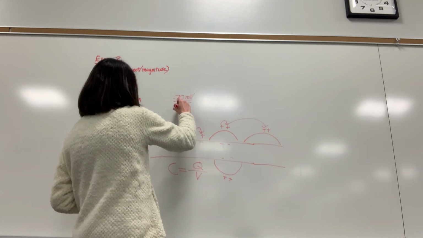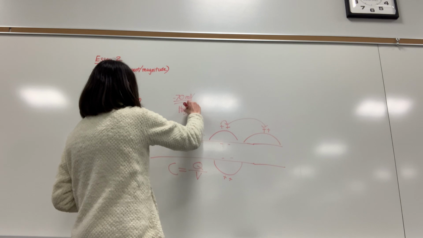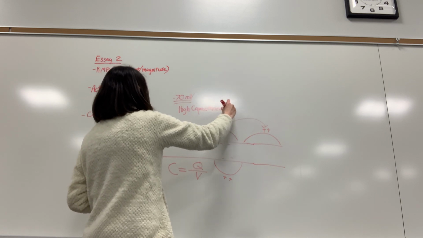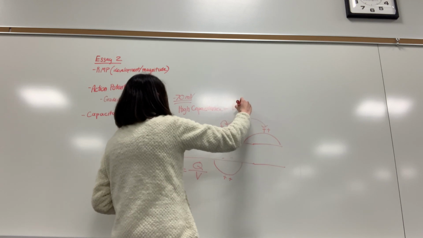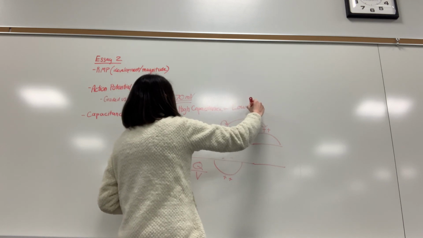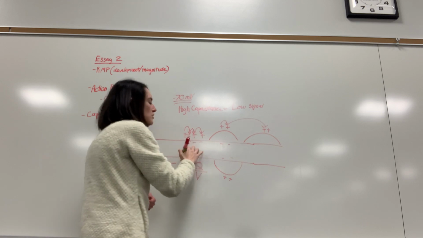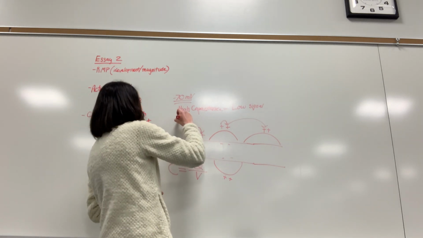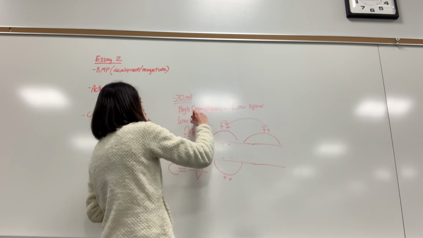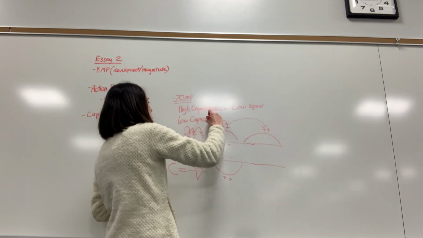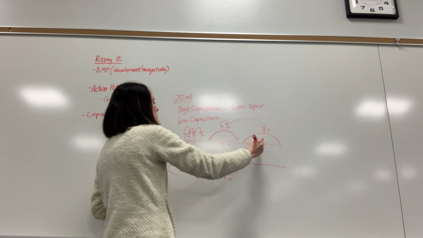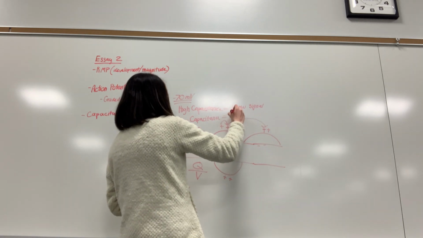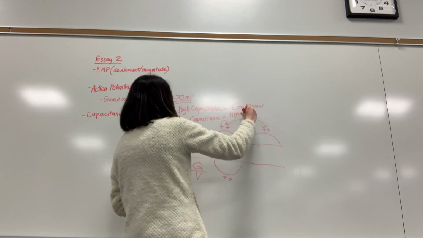So, in other words, a high capacitance, by rule of thumb, indicates a low signal or low potential. So the signal is not going to travel as far and as efficiently. But in a low capacitance situation, so we have less charges separated from each other on one side and the other, we actually have a higher signal or potential.